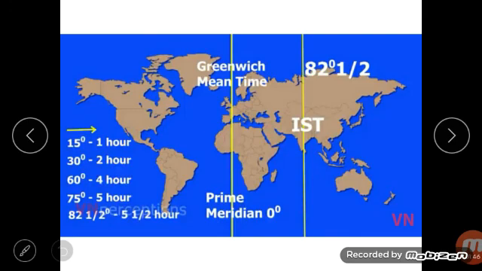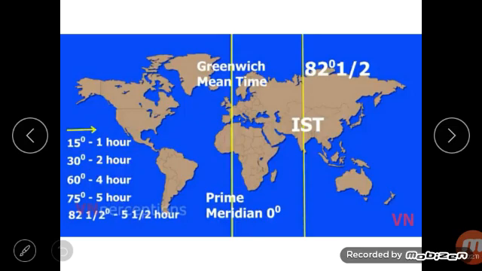A small country needs only one time, but for a large country it is not enough. Thus these countries fall under a number of time zones. For example, Russia alone has 9 time zones.